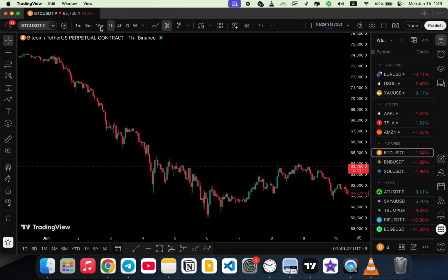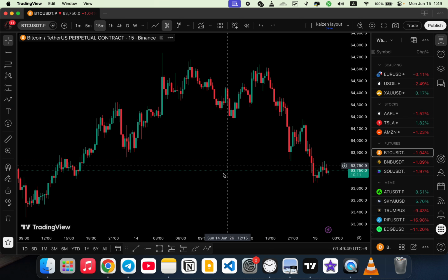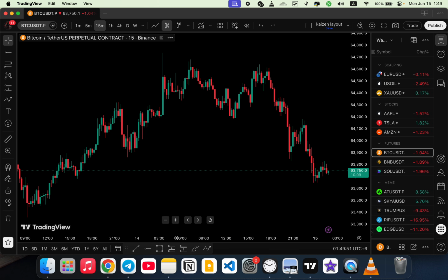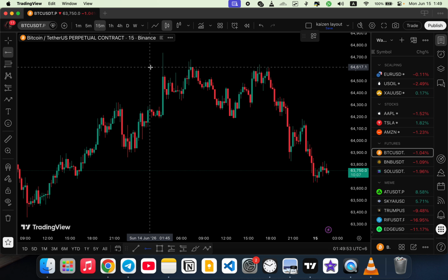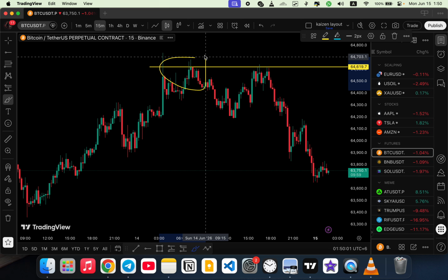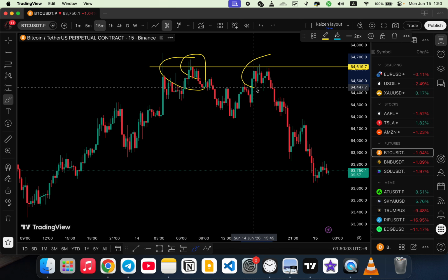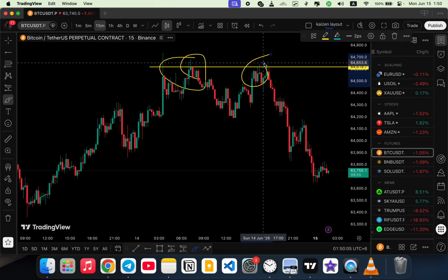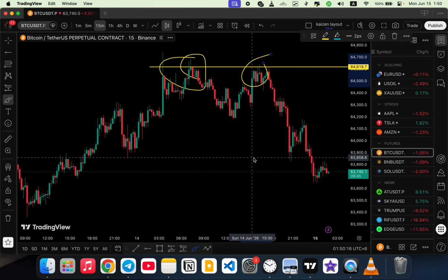We are in a higher time frame, so the support is bigger and the zone is bigger. See, there is a resistance from here. First of all, you have to find out how many touch points there are. This is one touch and this is the second touch. So you have to choose at least 2, 3 or 4 touches, because the more touches you have, the better accuracy you will get.